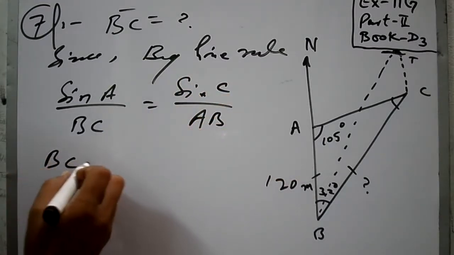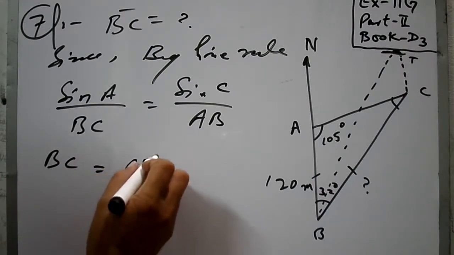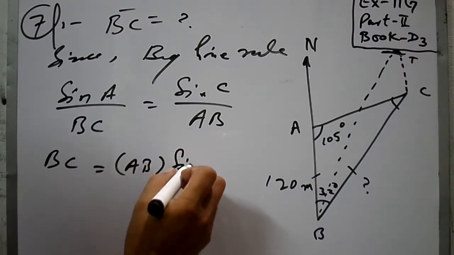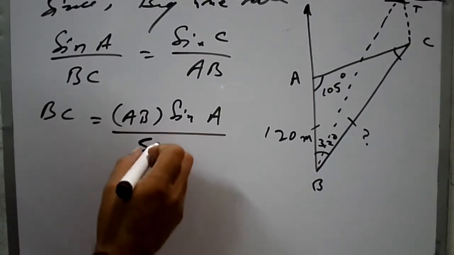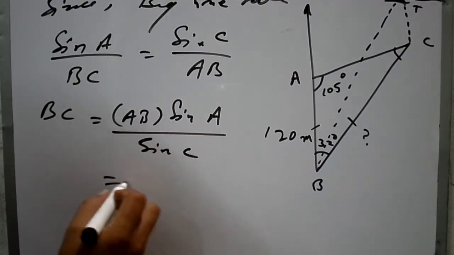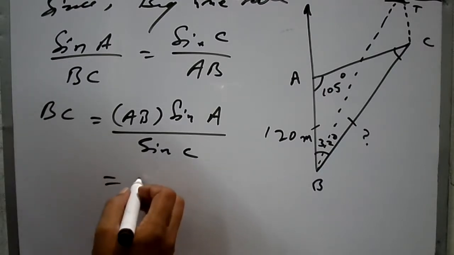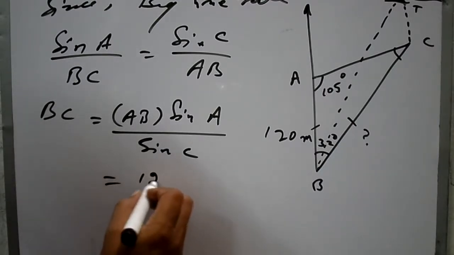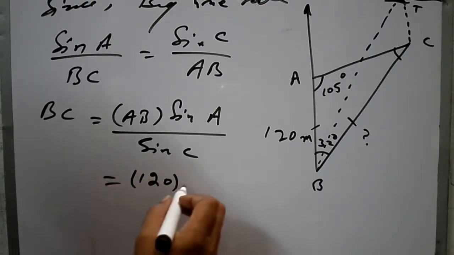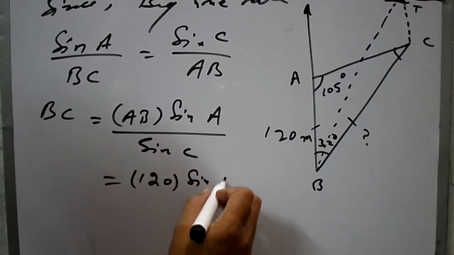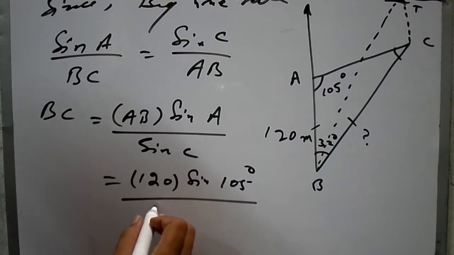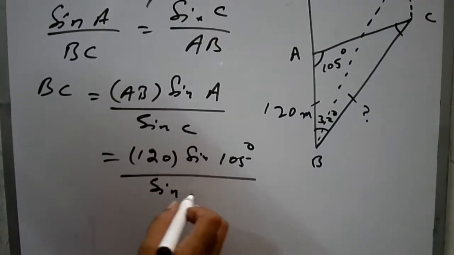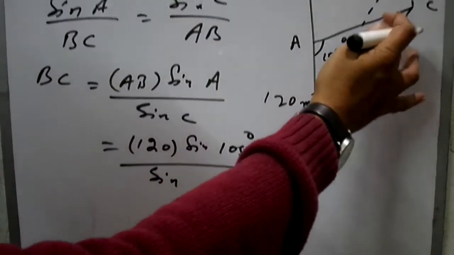So we have to find BC, so it is equal to AB into sine A divided by sine C. So putting the values, the value of AB is 120 and sine A is sine 105 degrees, divided by sine C, but we don't have C because C is unknown.